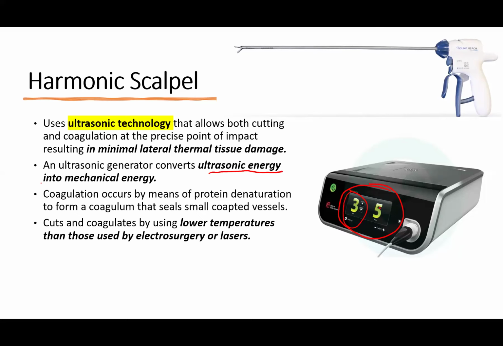Coagulation occurs by means of protein denaturation to form a coagulum that seals small coapted vessels. It cuts and coagulates using lower temperatures than those used by electrosurgery or laser. You can see this gives you the desired effect at a lower temperature.